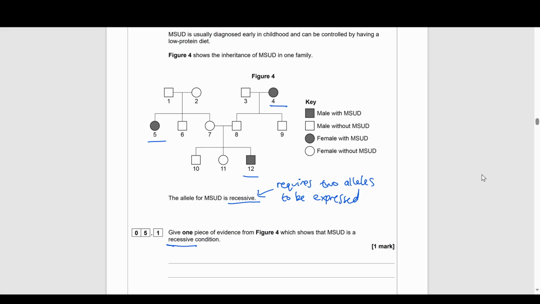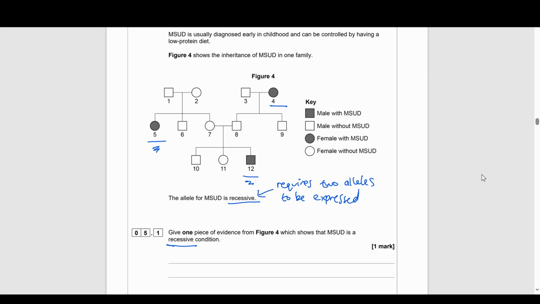If their parents did have the condition, then they would be darker in terms of the box or circle, and it would mean then that all of their offspring should have the disorder too. So that would be our way in which we can tell that this condition is recessive.